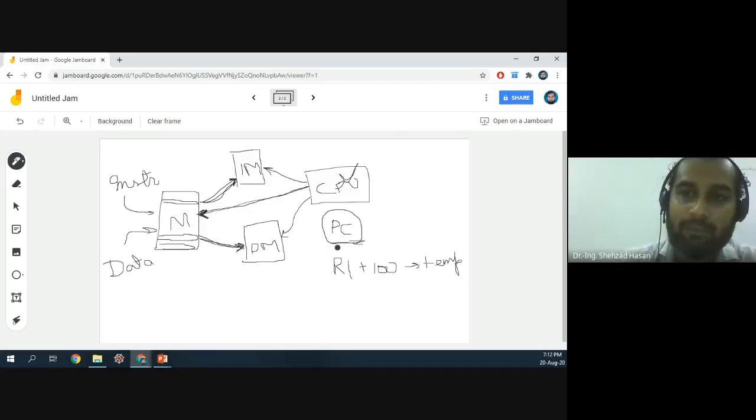If the program counter is the one generating the address, it's an instruction, and the value fetched has to be stored in the instruction memory. Otherwise, it has to be stored in the data memory. Now, this is how you can populate these caches.